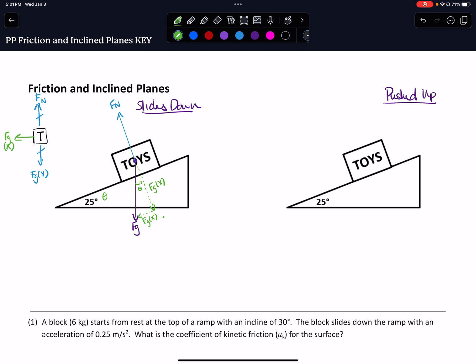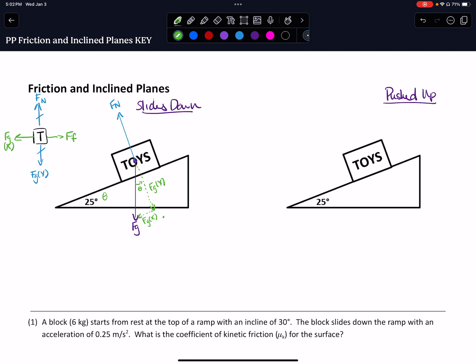Now because the object is sliding down the ramp, the motion is downward, which means our frictional force is going to oppose that motion. So it will point up the ramp, if you want to think of it that way. Now I don't know whether these two forces are equal but opposite unless I know a little bit more about the situation. If they are equal and opposite, then my object should be sliding down that incline at a constant velocity.